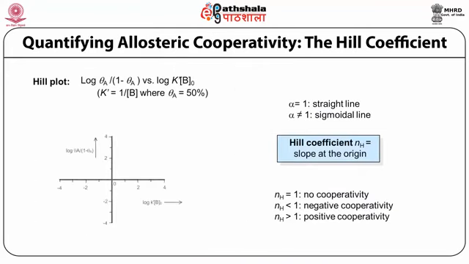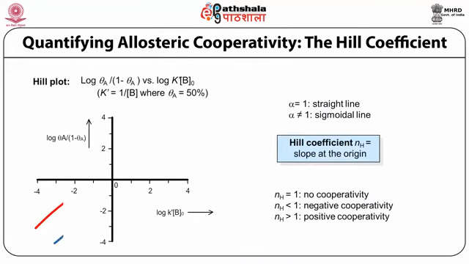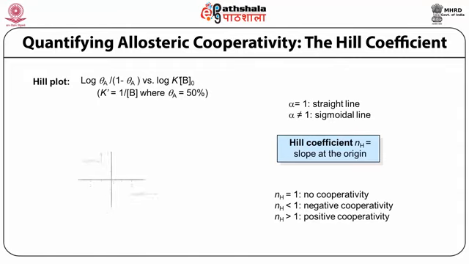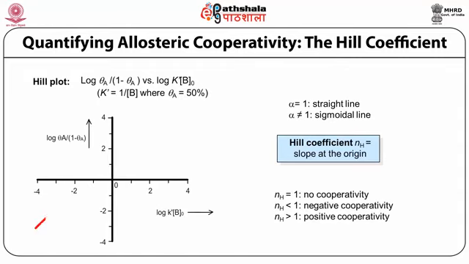On a macroscopic scale, when we want to quantify this allosteric cooperativity, we must know what the Hill coefficient is. The Hill coefficient is normally given by eta H, and we get it when we plot log of theta A divided by 1 minus theta A versus the log of K dash B, which is the ligand concentration.